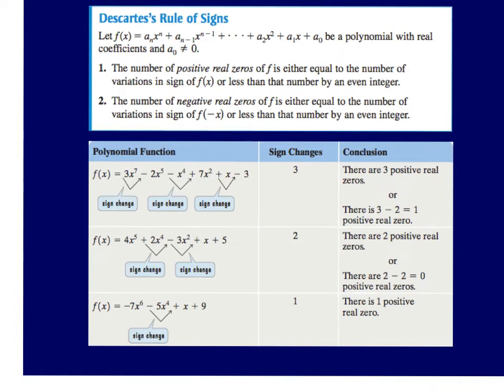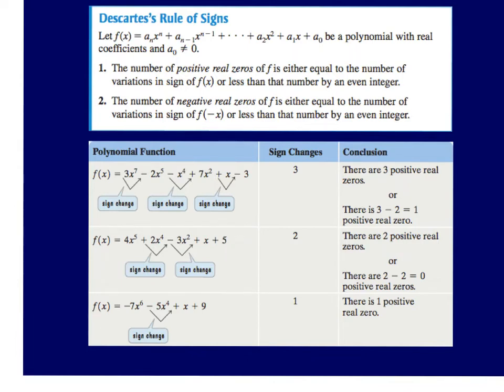When you do the i thing, you get positive i, negative i. When you have a complex number as a zero, they come in conjugate pairs, which means it's how many of them? 2. That's why it goes down by 2.